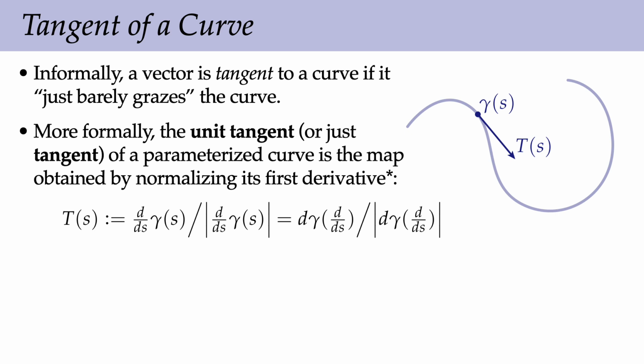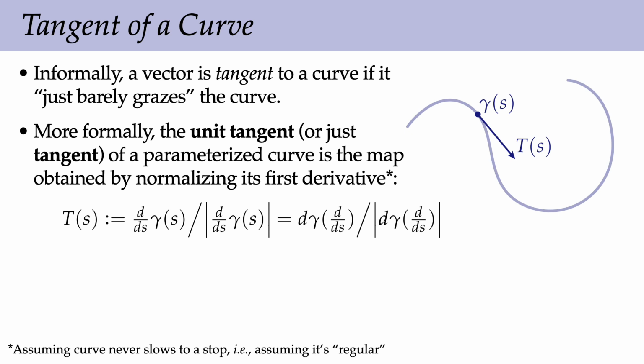That vector that was unit length might have gotten stretched out a bit, so we have to normalize it to make it unit length. Now, one very important thing to note is that, of course, we can't do this normalization if the denominator is 0, right? If the derivative of gamma with respect to s is 0, in other words, if the curve kind of slows to a stop, well, there's no way to normalize this vector to get a unit tangent.